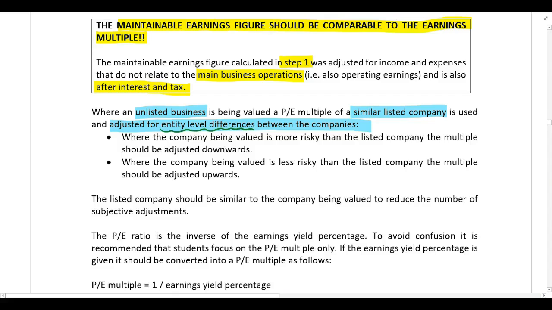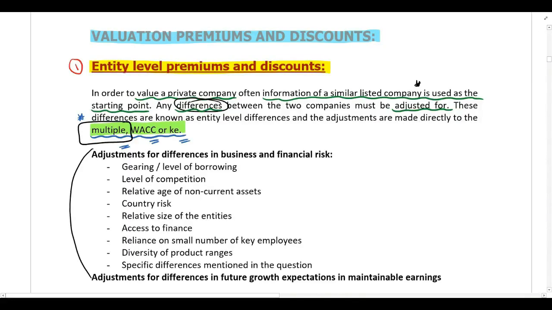So you'll remember at the start of our lecture, I said to you, these entity level premiums and discounts, we are going to make these adjustments to the multiple, the WACC, or the cost of equity. So either you are given the PE multiple of a similar listed company, or you've calculated that multiple, and we are now going to adjust for these differences.